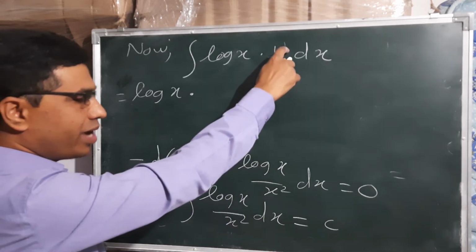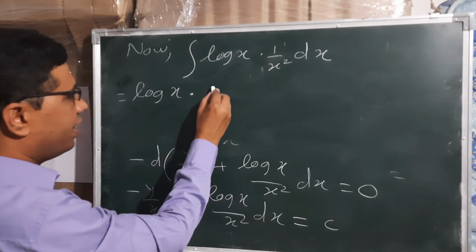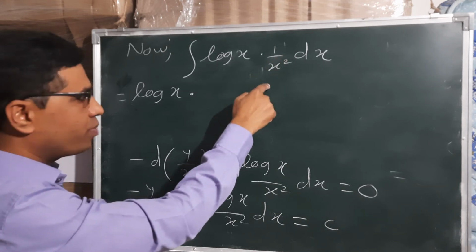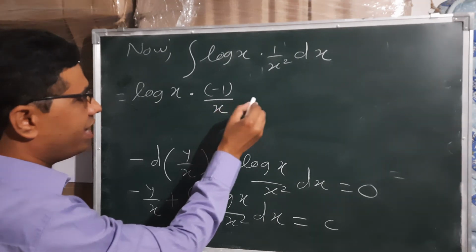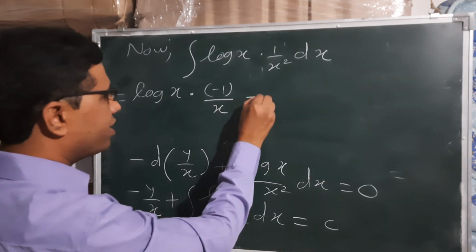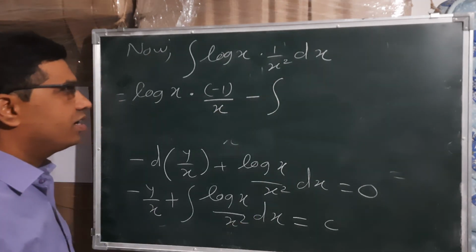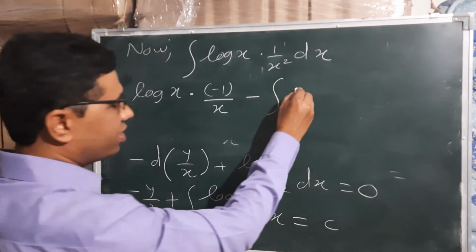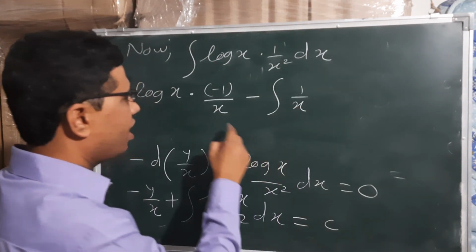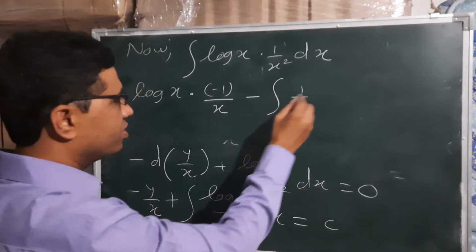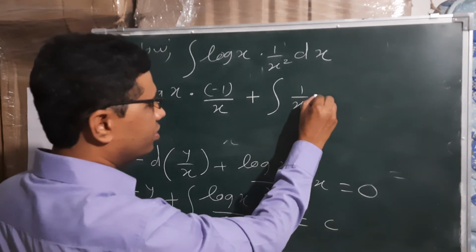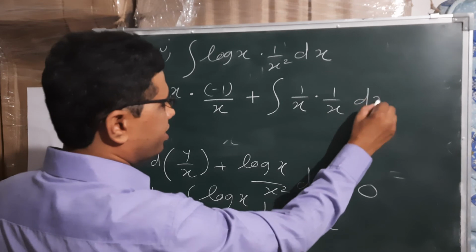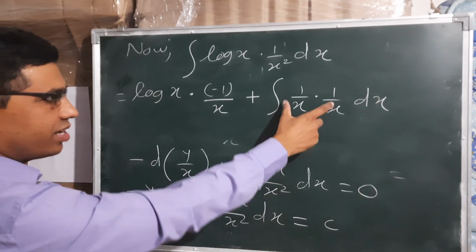So it is x raised to minus 2. Integration is x raised to minus 1 upon minus 1. That is minus 1 divided by x, minus the integral of the derivative of the first term, that is 1 upon x, and the integration of the second term is minus 1. So this is plus 1 dx. And now this integration is simpler.